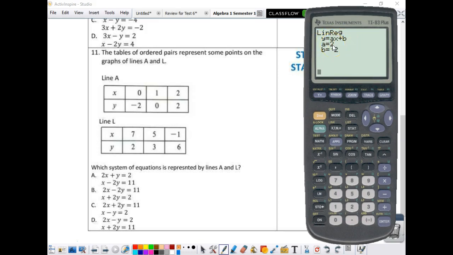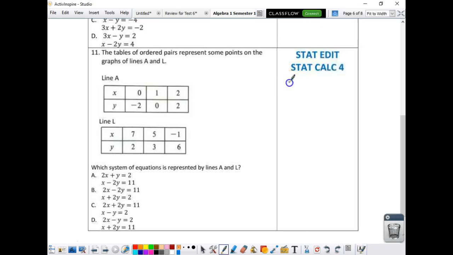So your equation is y equals 2x plus -2, or you can say y equals 2x minus 2.